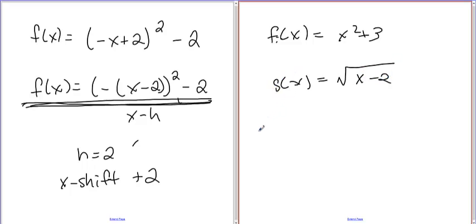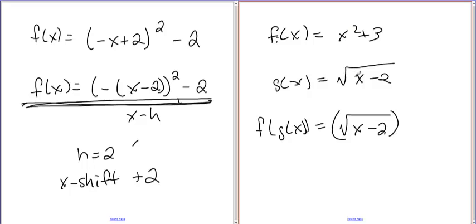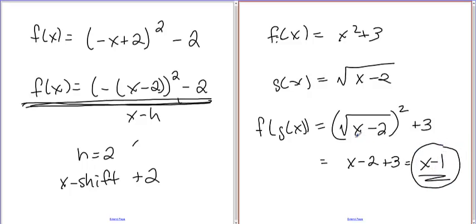So the composite function f of g of x, you take this and you plug it in there. So instead of x squared, you get the square root of x minus 2, squared. Now, you could simplify this as just x minus 2 plus 3, which would be x minus 1. The problem there is if you do simplify it, you've got to go back to this original form of the equation when it comes to the domain.